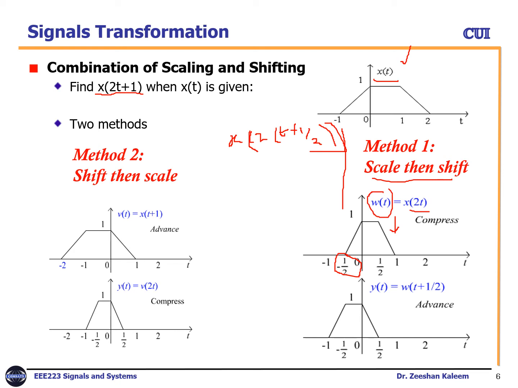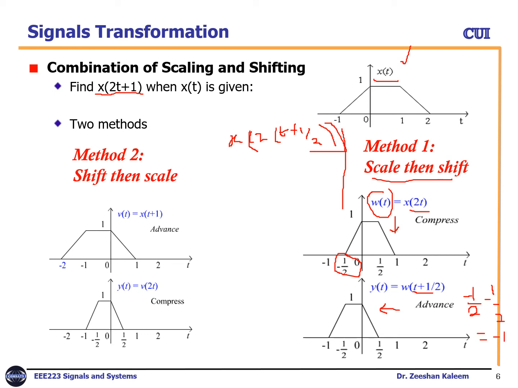The factor is 1 by 2. Shifting plus 1 by 2 means we have to move this one to the left, which is called advance, right? So minus 1 by 2 minus 1 by 2, it becomes minus 1.